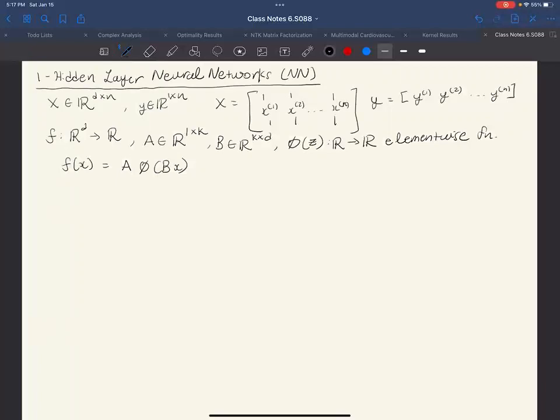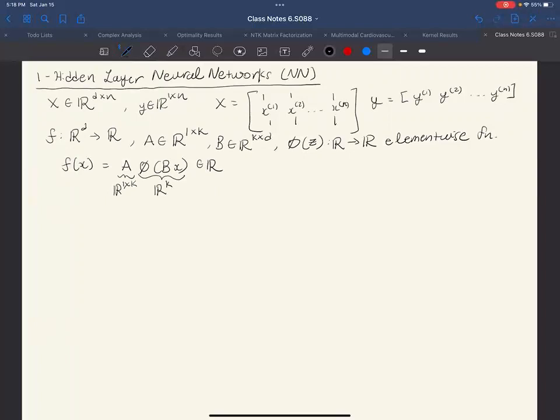If you work out the dimensions, keep in mind phi is acting element-wise, so phi of Bx is just going to be an R^k dimensional vector. And A is, again, a 1 by k dimensional vector. And so f of x is just a real value, which is what we want. We want it to match the dimension of the labels y.